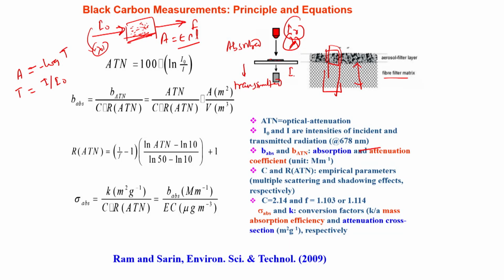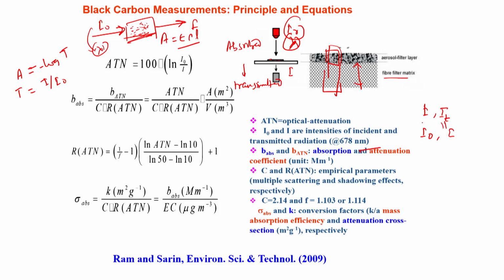Usually it is better to write I and IT, because IT stands for transmitted and I is actually incident. But the equations usually write I0 as the incident solar radiation and I for the transmitted radiation.